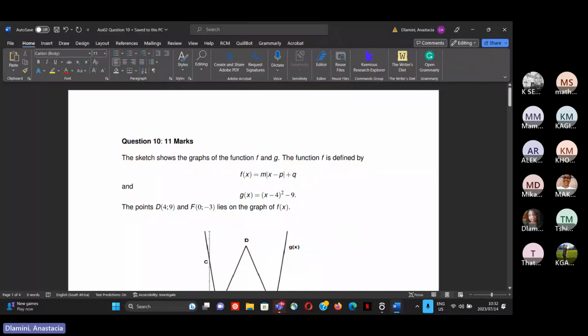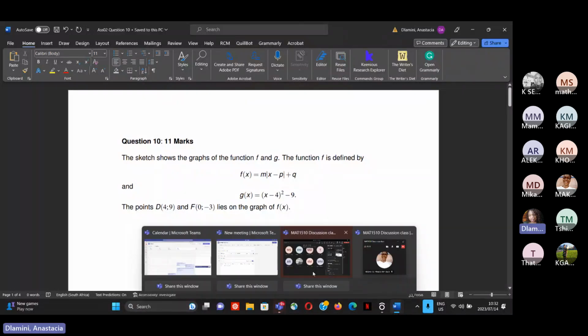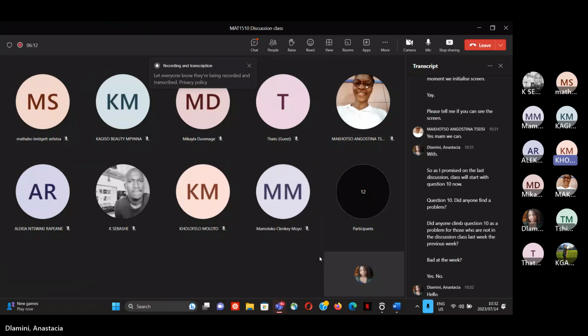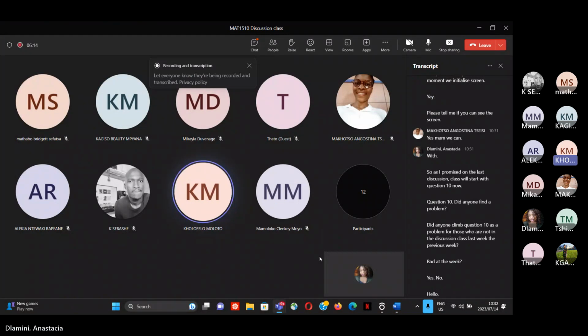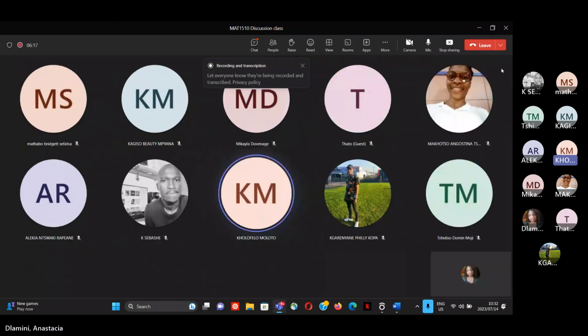I managed to watch the recording, so I think I caught most of it. It's the line graph, yes? Yeah, I think I caught most of it.